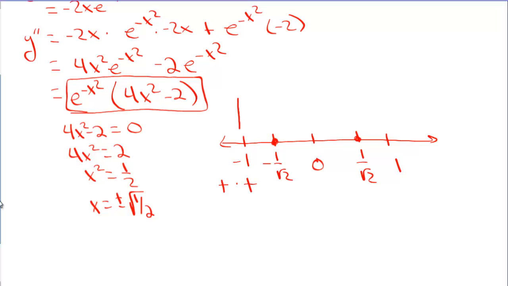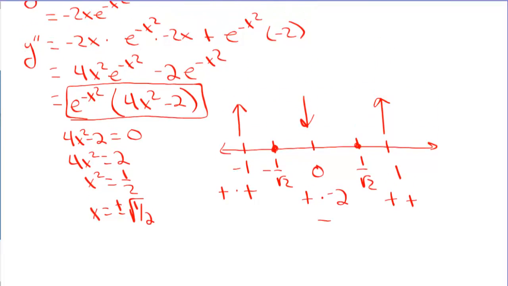So this function is concave up here. When I plug 0 in, e to the 0 is 1, positive, times a negative 2, which is negative. So between negative 1 over square root of 2 and 1 over square root of 2, it's concave down, so we have a point of inflection. Let's plug 1 in. E to anything is positive, and then 4 minus 2 is positive, so concave up. Both of these points are points of inflection.